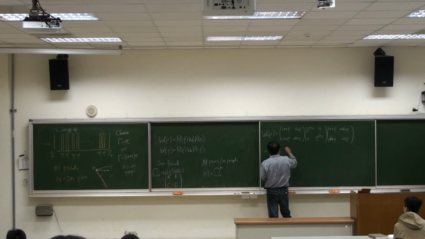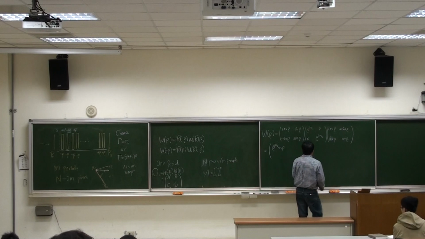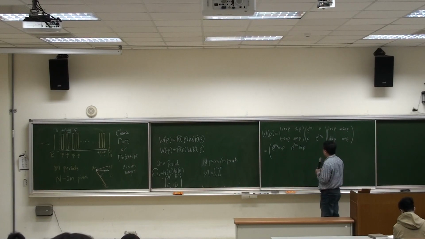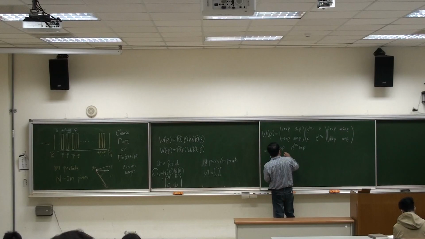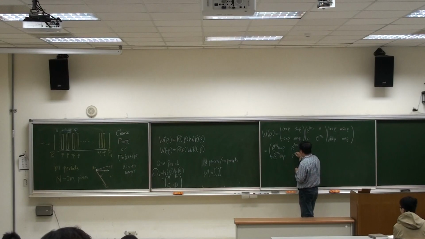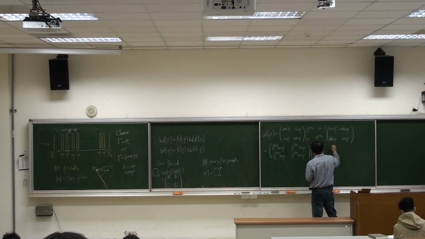I try to find the expression of W rho. This time it is exponential minus I half gamma cosine rho, exponential I half gamma sine rho, minus exponential minus I half gamma sine rho, exponential I half gamma cosine rho, and this times this.